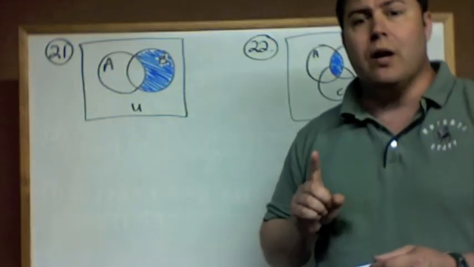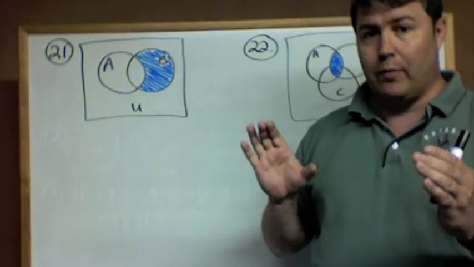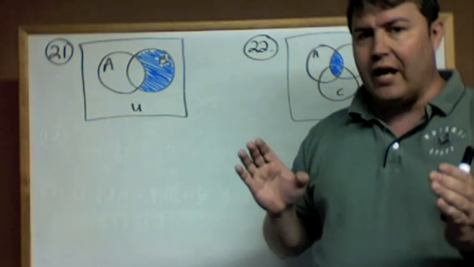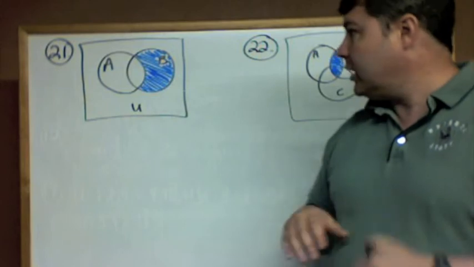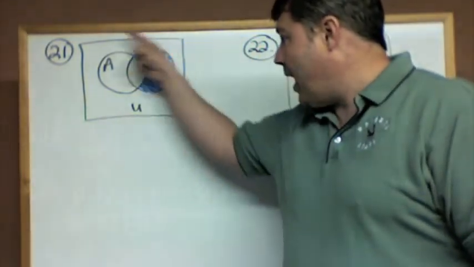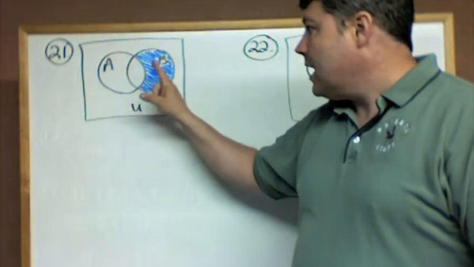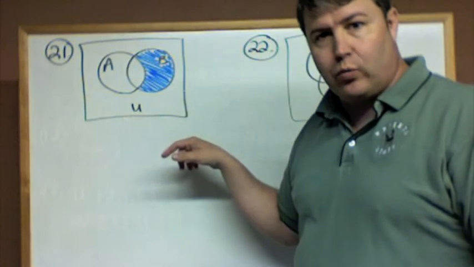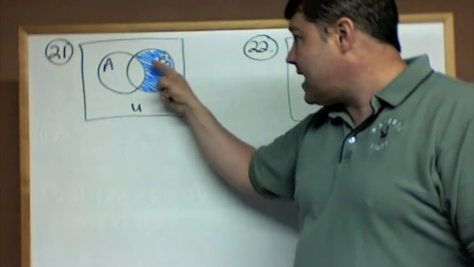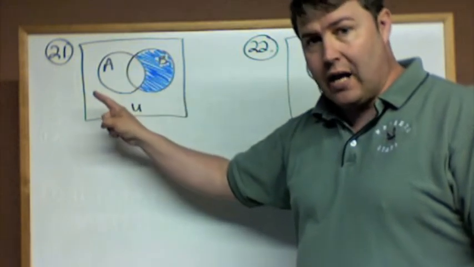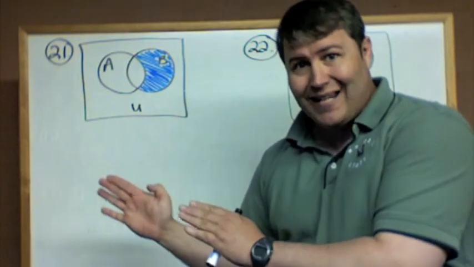All right, here's number 21 on your worksheet. And what they do here is they just give you a Venn diagram, the picture, and they want you to use letters to describe the shaded area. So as I look at number 21, I see this box, and that represents U, the universal set, everything in the picture. And then there are two overlapping circles that represent all the stuff in A and B. And what's shaded is the stuff only in B, but not in A. And we have a notation that says in set blah, blah, blah, that's not in set blah, blah, blah.